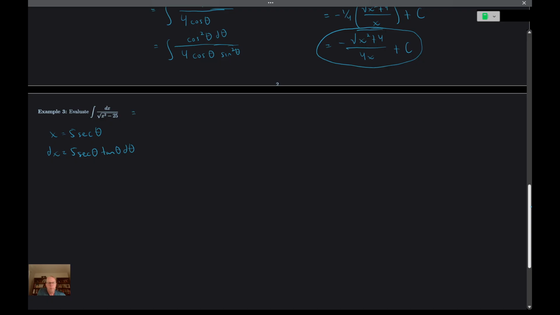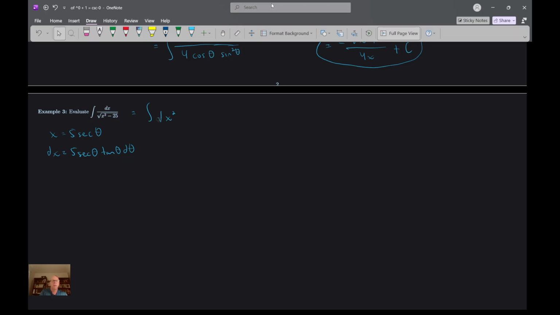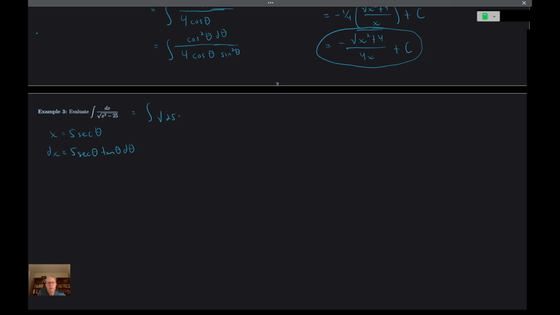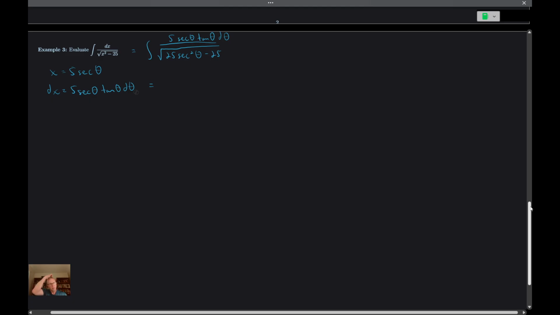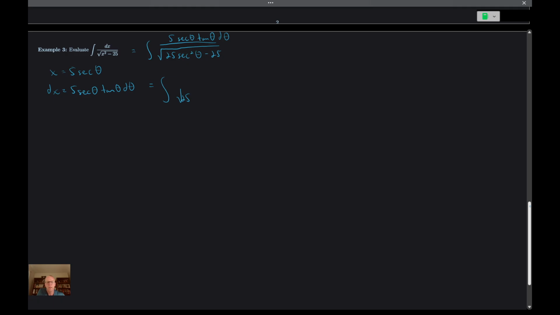All right, so let's make our substitution. We have the integral of √(25 secant squared theta minus 25) over 5 secant theta tangent theta d theta. So we can factor out that 25. We have 25 times (secant squared theta minus 1), which of course is tangent squared theta.